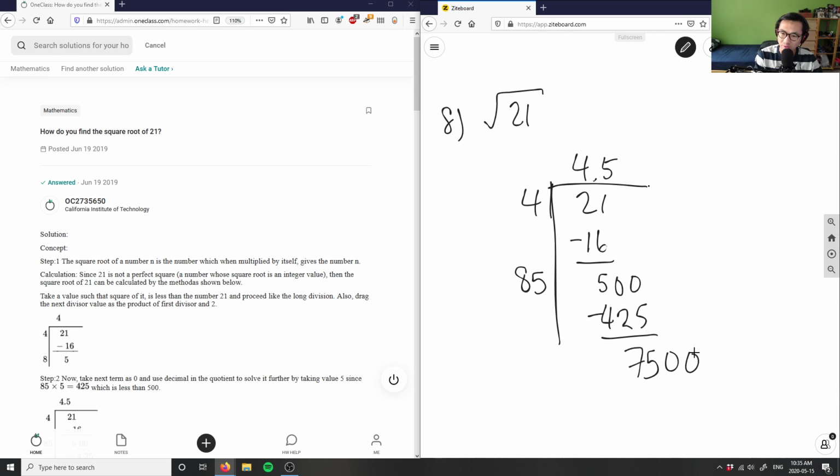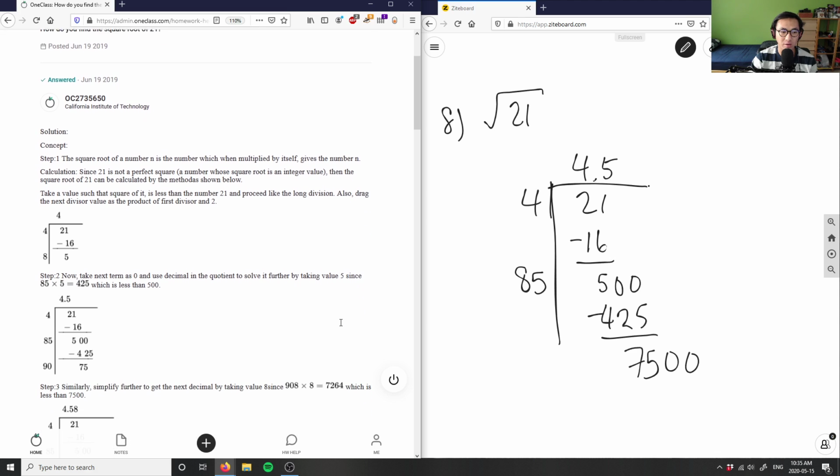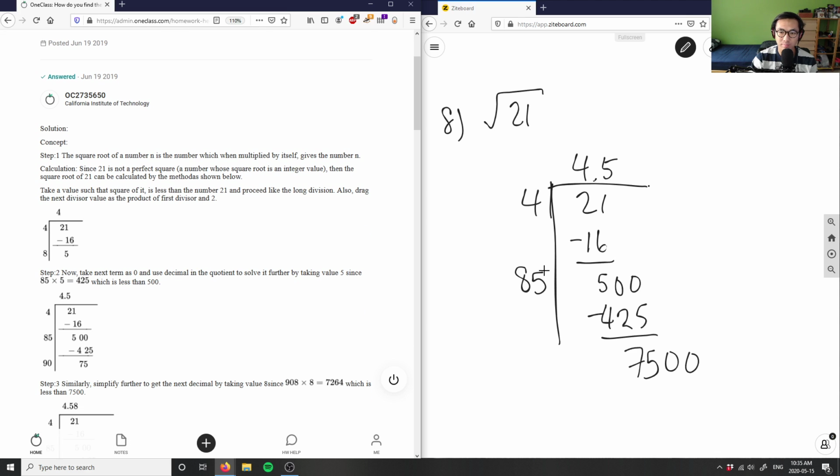So now I'm going to add 2 zeros, and then I'm going to double this amount, right? So 85 here. If I double 5 here, I'm going to get 10, or 90 here, sorry, because I'm doubling 5 here, which will give me 10. Or you can think of it as adding your 5 here.